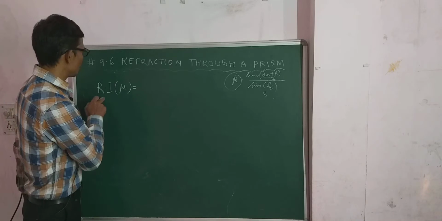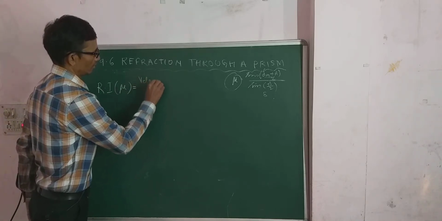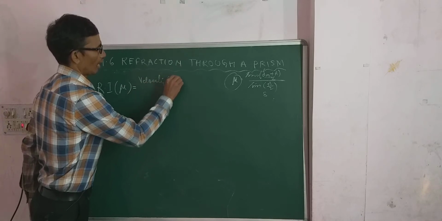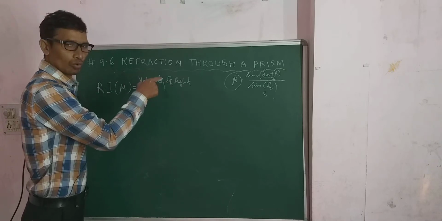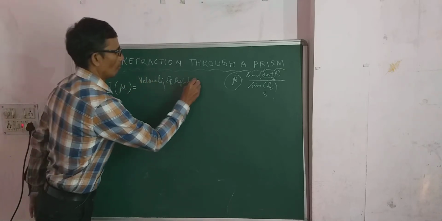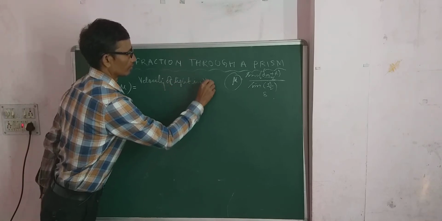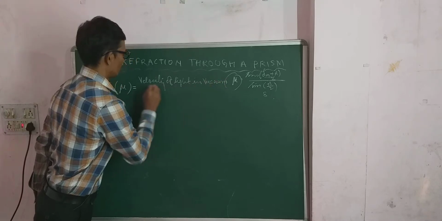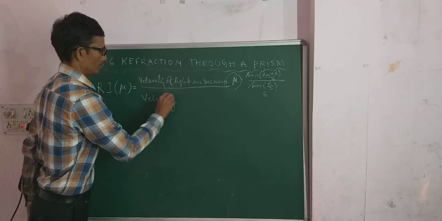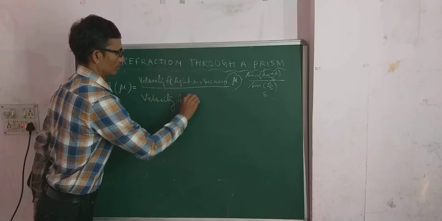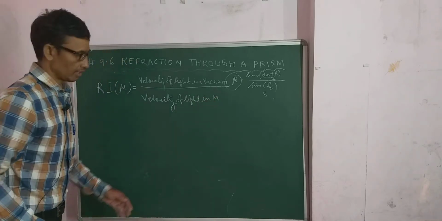This is nothing but the ratio of the velocity of light in vacuum and the velocity of light in a medium.